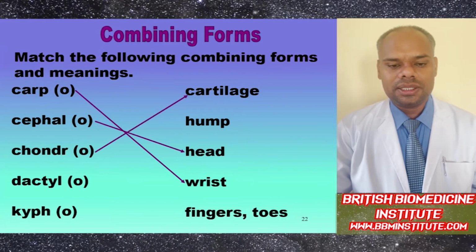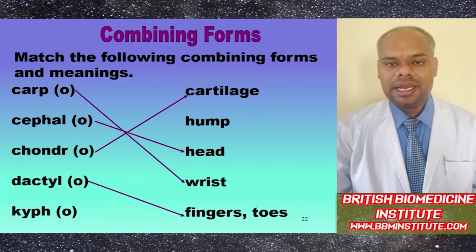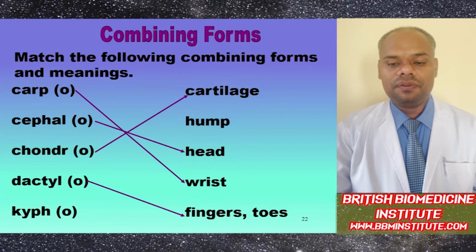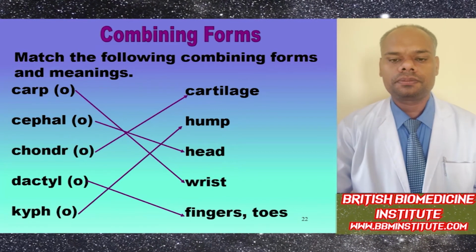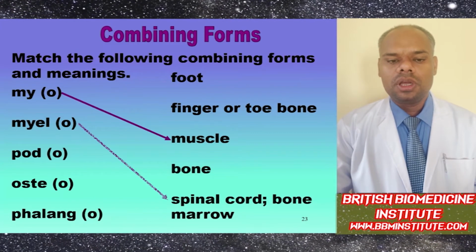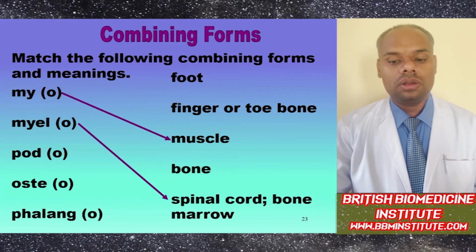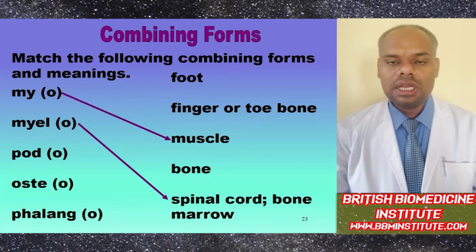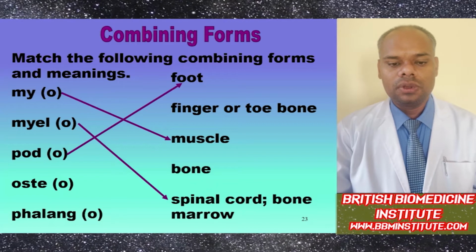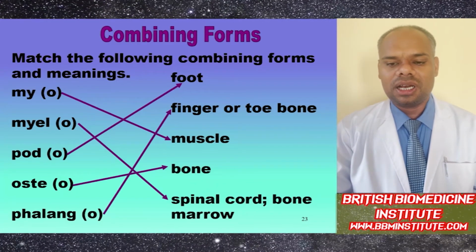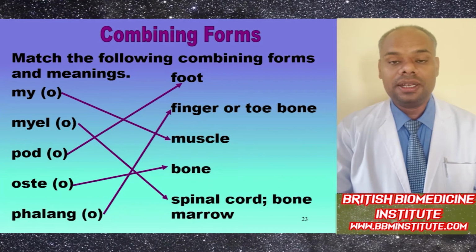Chondro is your cartilage. Dactyl is your toe and finger, and kyph is your hump. My is your muscles. Myel is your spinal cord or bone marrow. Pod is your foot. Osteo is your bones, and phalanges are your toe and finger bones.